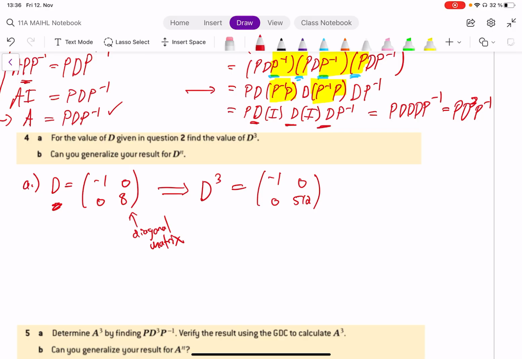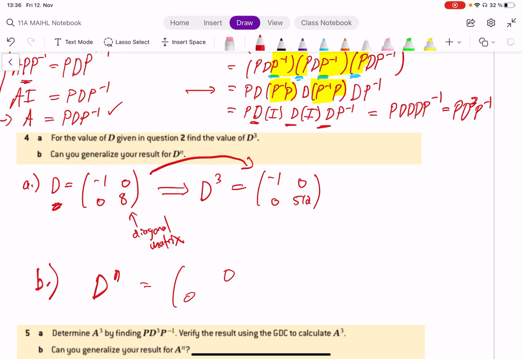So it says, can you generalize the result for D to the n? In general, what are we noticing? If I raised it to the third, the zeros stayed the same, they didn't change, and I just raised each term to the third. That's what happened when I multiplied a diagonal matrix by itself 3 times.